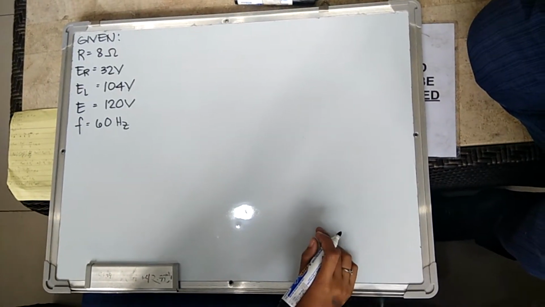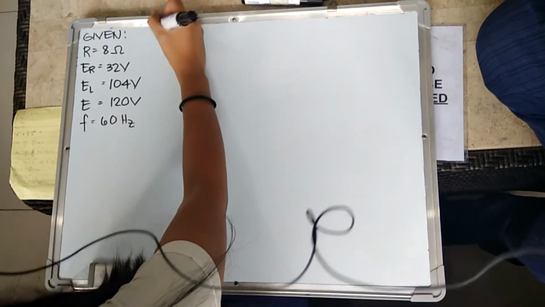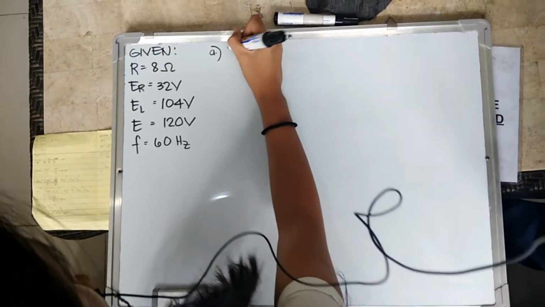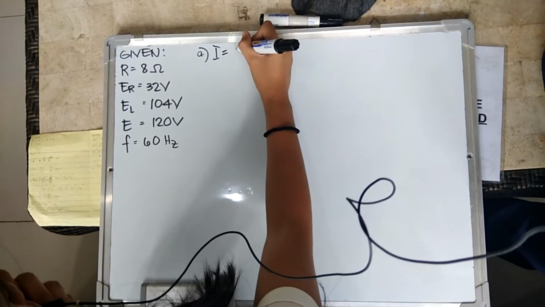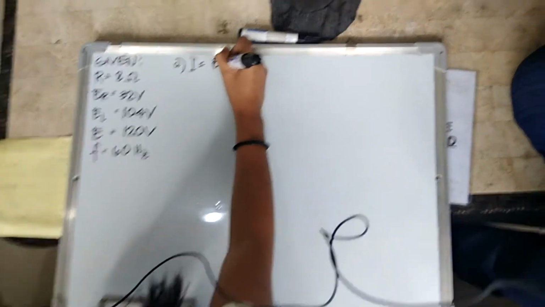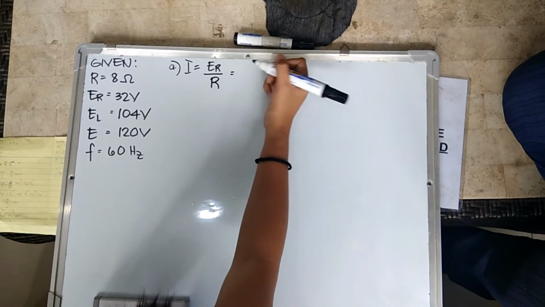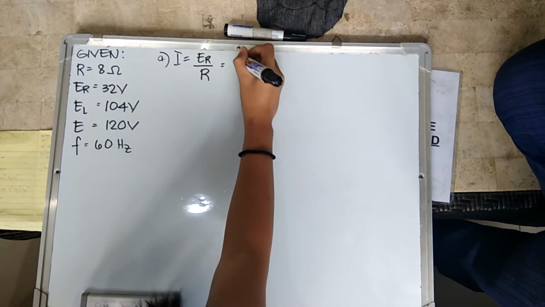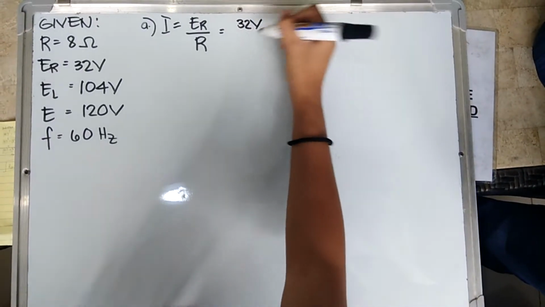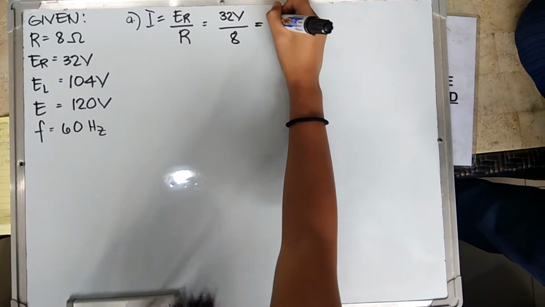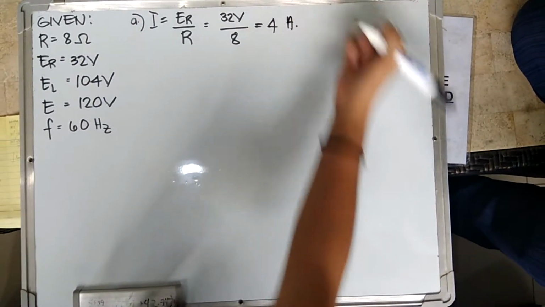To find our coil resistance, first let's find the current. I is equal to the voltage across the resistor over the resistance. So ER is 32 volts over 8. So current is equal to 4 amperes.